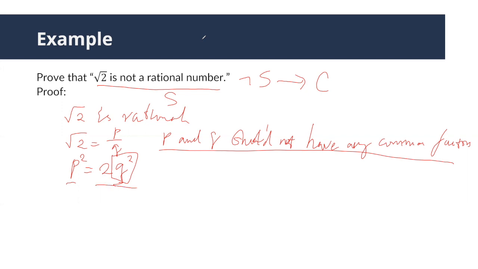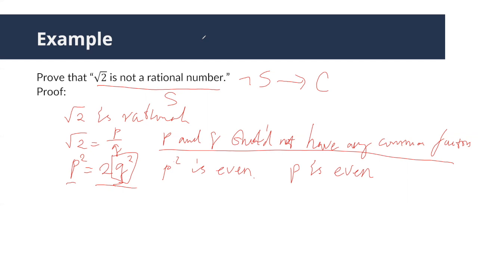Does this look familiar? By definition, that means P squared is even. And if you recall the first example for proof by contraposition, if P squared is even, we can conclude P is even as well.